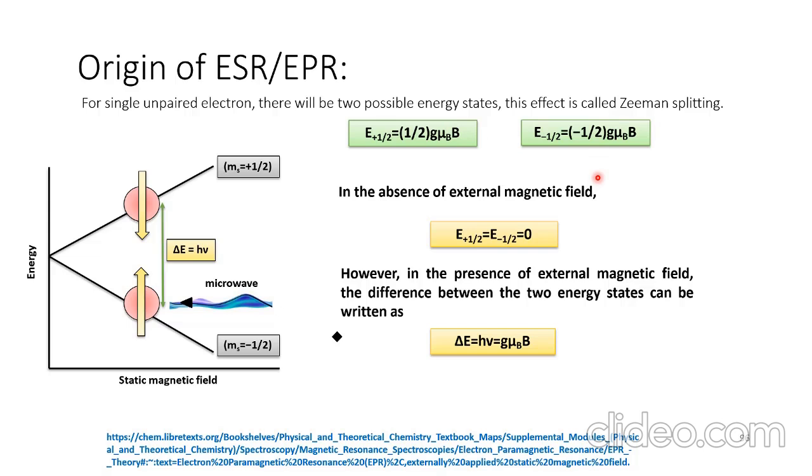The presence of an external field creates the difference between the two energy states. If the two are similar, the difference will be zero, which means there is no magnetic field. However, if there is a change in the energy, it shows that a magnetic field is there.